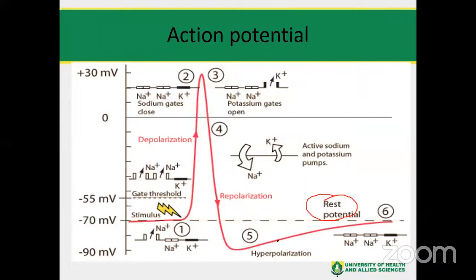Then it will return to the resting membrane potential by the factors that we mentioned: one, the passive movement of potassium ion, and then the sodium potassium ATPase, the carrier molecule that carries two potassium into the cell and three sodium out of the cell to bring back the resting membrane potential.